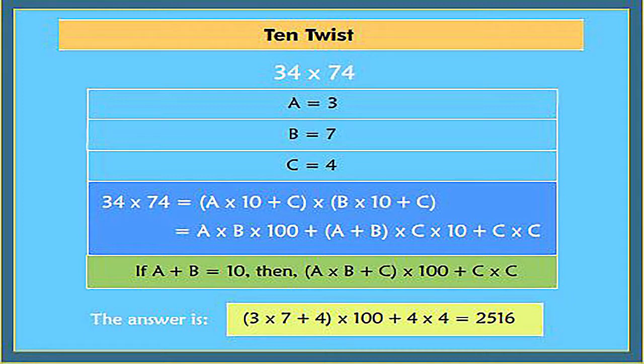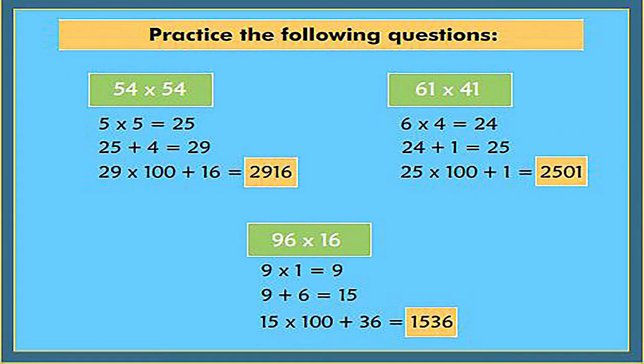The answer is 2,500 plus 4 times 4, which is 16, and the answer is 2,516. For the first problem listed in the practice, we have 5 times 5 plus 4 equals 29. The answer is 2,916. This is a rapid method of performing two-digit multiplication.